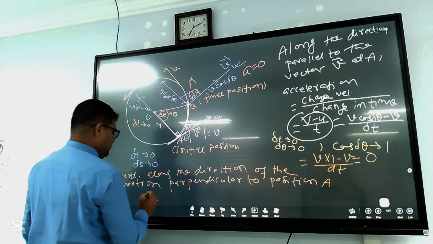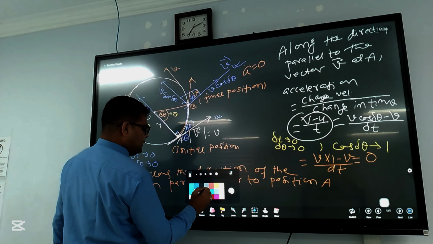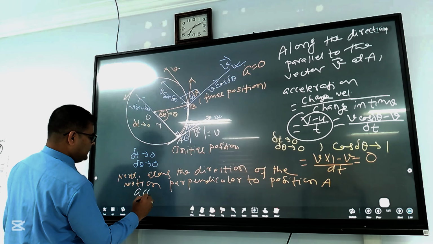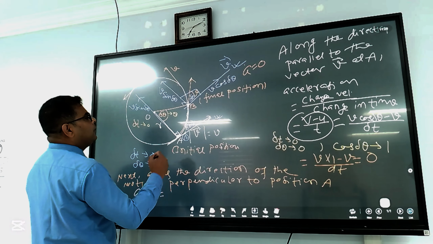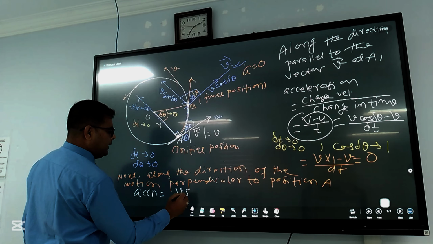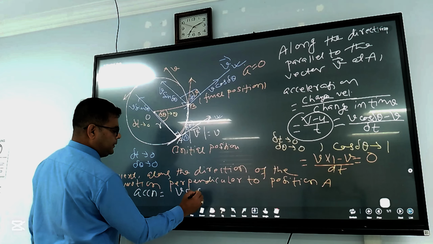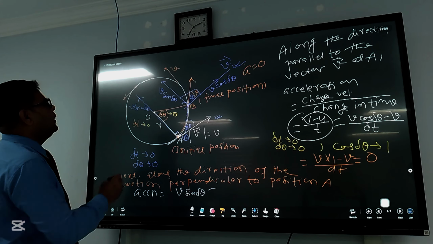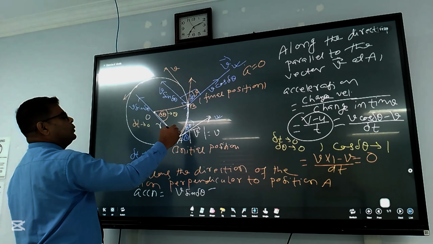So your acceleration in this case will be: final speed is v sin del theta, and the initial, let's see here now. So this is in fact very close to this point.